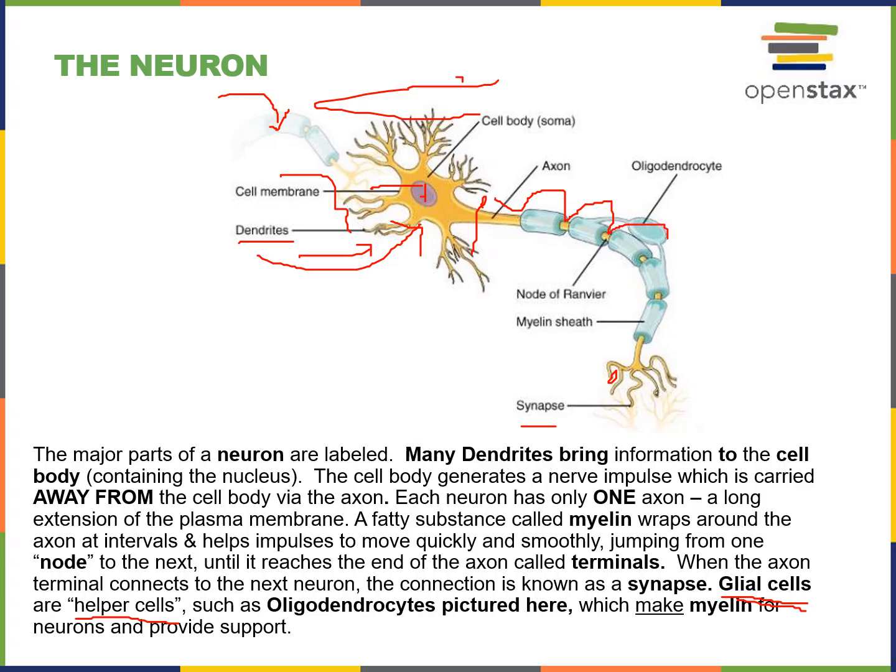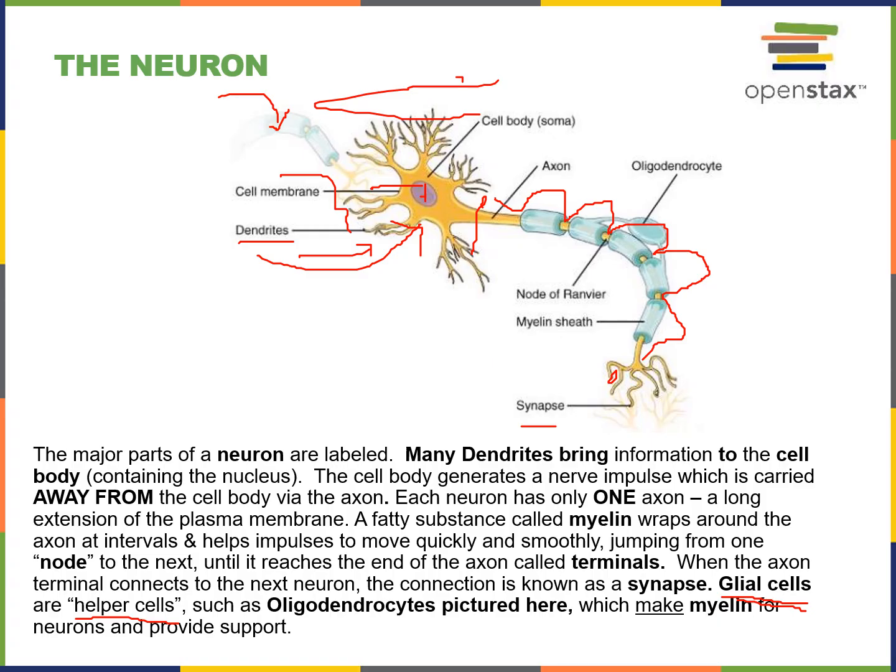Because if the action potential had to travel every little millimeter along the axon, then it would take a very long time to get to the axon terminal, and therefore communication in the entire nervous system would be really, really slow. And I think we all know how fast our nervous system can react. Because if I merely touch you with a sharp object or a hot object, you will respond right away. Milliseconds.